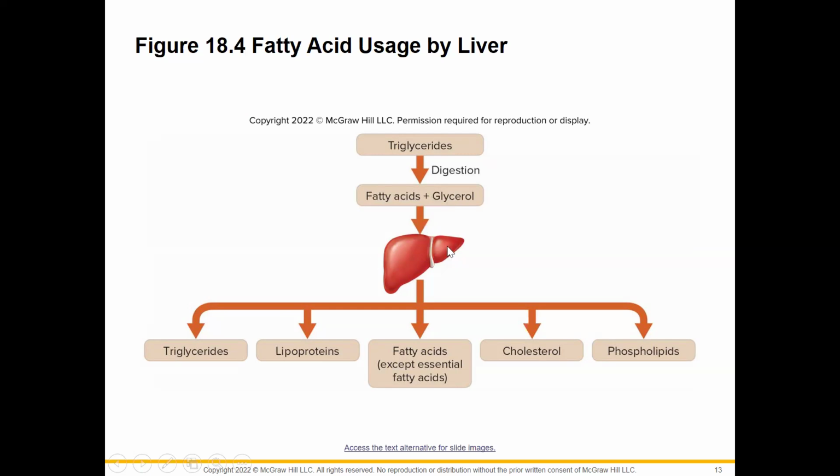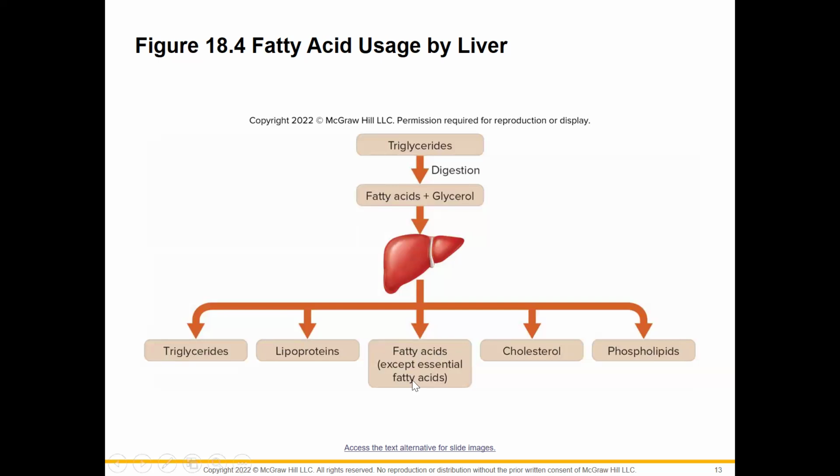Once it gets to the liver, the body can then make what it needs. It can make the same product, it can make new products. So your body can then make triglycerides, it can make more lipoproteins. Remember, your triglycerides are VLDL, your cholesterol is LDL, and then you have the ones that are higher protein content, which are the HDLs.